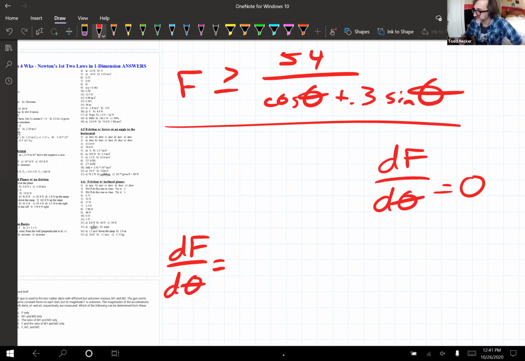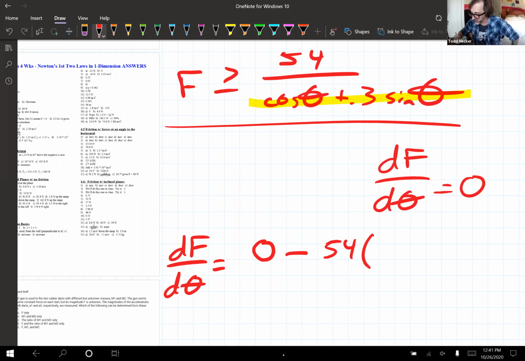So it's the bottom times the derivative of the top. That's going to give me this mess, but the derivative of the top is 0. Minus the top times the derivative of the bottom. That one I actually got to figure out. So that's going to be 54 times the derivative of the bottom.